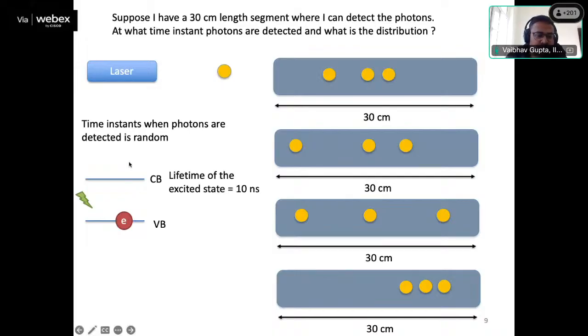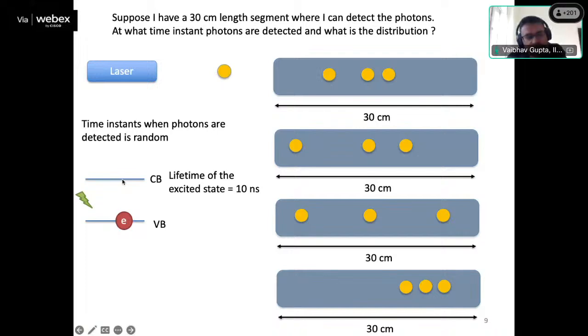That is the basic spontaneous emission process, right? But when the electron goes to conduction band, every one of these energy bands also has a lifetime associated with it. So let's say if lifetime is 10 nanosecond, meaning the electron can stay here maximum for 10 nanoseconds. But when will it come down?